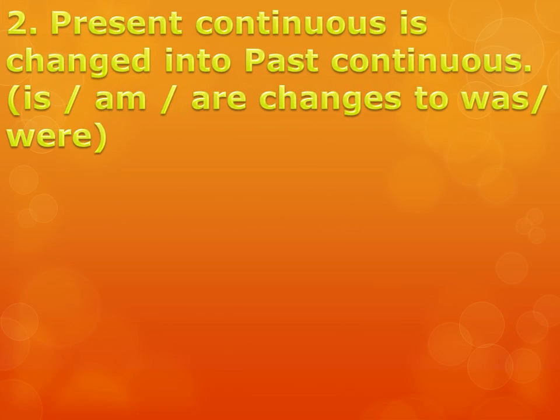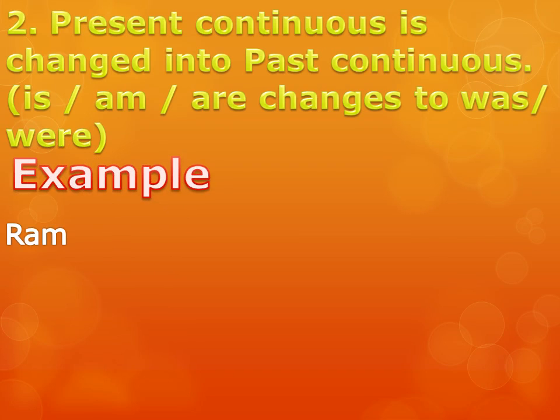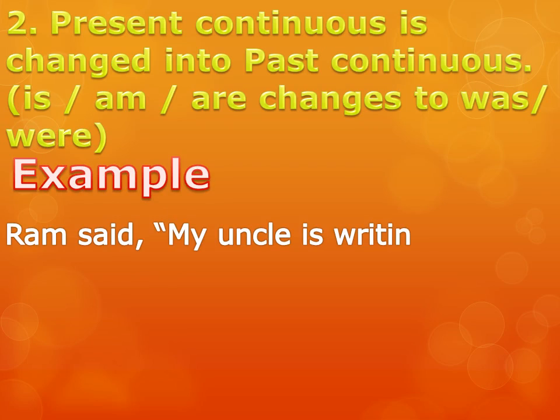Moving further to the second rule, present continuous is changed into past continuous. That means is, am, are changes to was, were. Now let's take an example to understand this. Ram said, my uncle is writing letters.